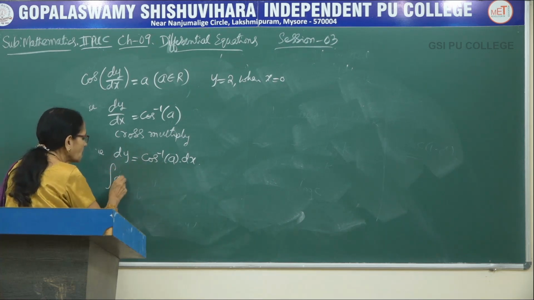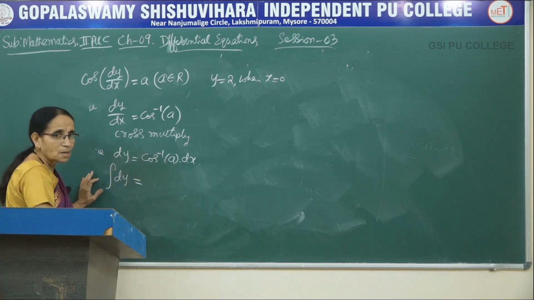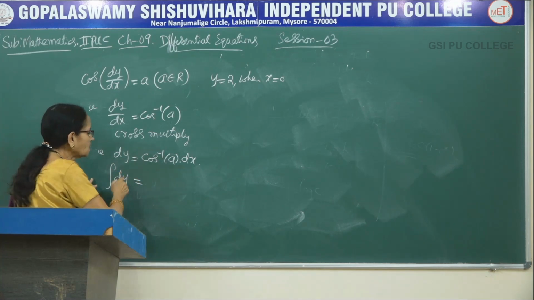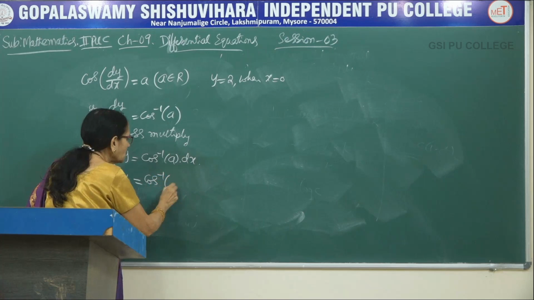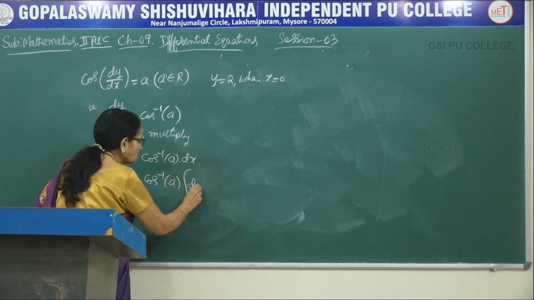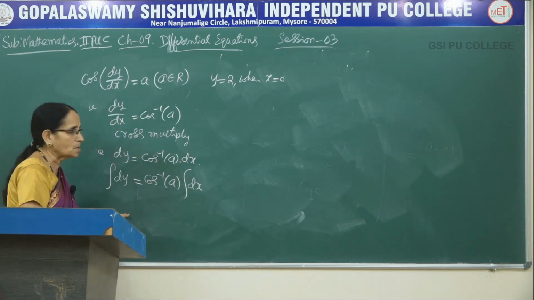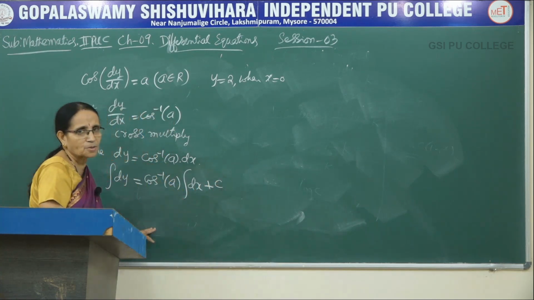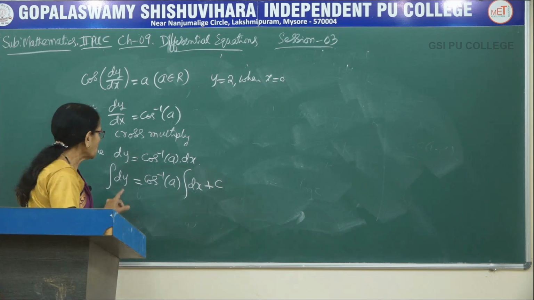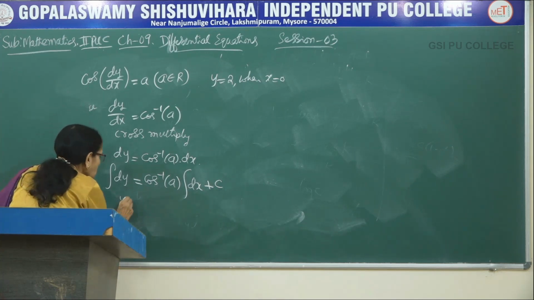Now go for integration. Integrate: integral dy equals cos inverse A, being a constant, remains outside the integral sign. So cos inverse A into integral dx, and immediately you have to write the constant C here. Now integrate. What is the integral of dy?